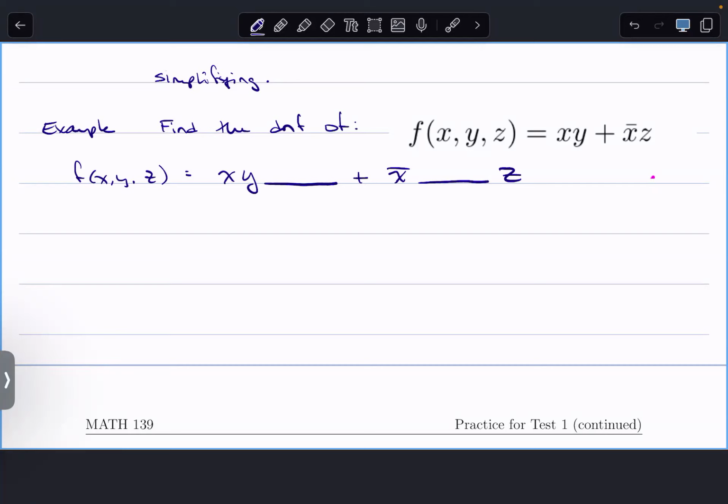Now I can't actually alter this function, but I can multiply by 1. x times y times 1 doesn't do anything, right? So here we multiply by 1, and here we multiply by 1. It's just a special 1. In fact, this is the spot for z, and this is the spot for y.